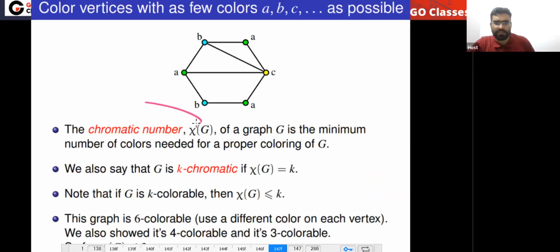This is the definition of chromatic number: the minimum number of colors needed. You already know that if G is K colorable, then chromatic number will be less than equal to K. K chromatic means chromatic number is K. K colorable means chromatic number is at most K. So this is the idea.